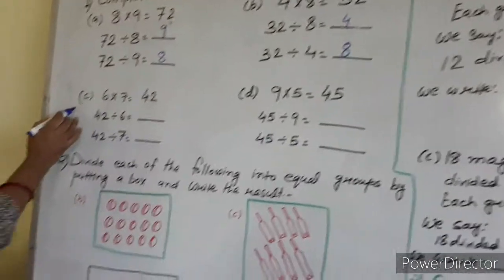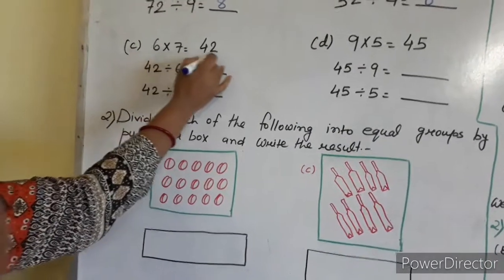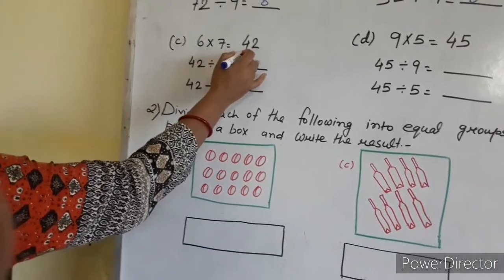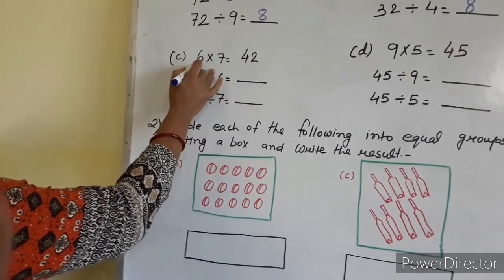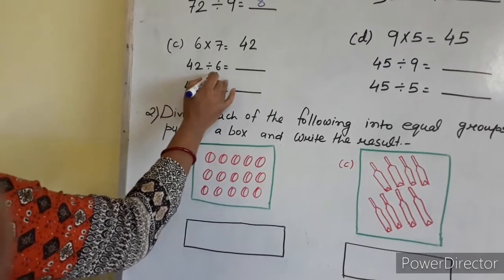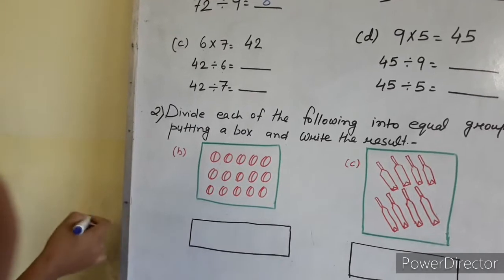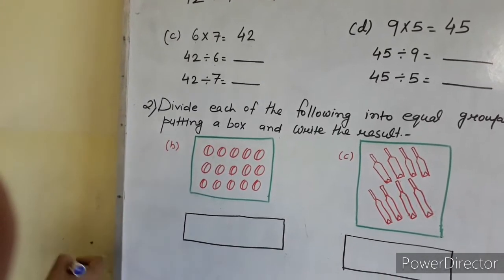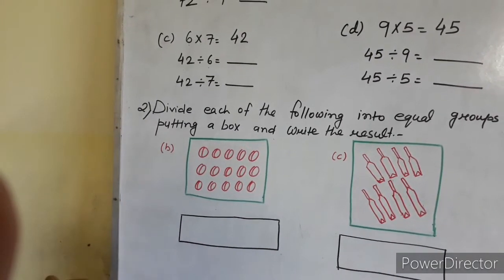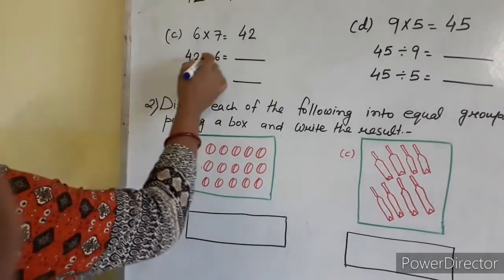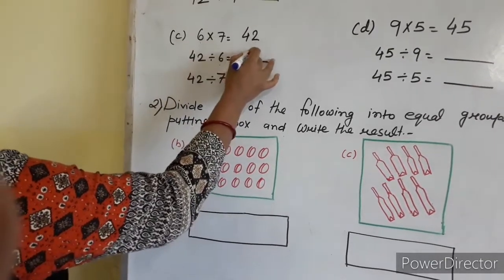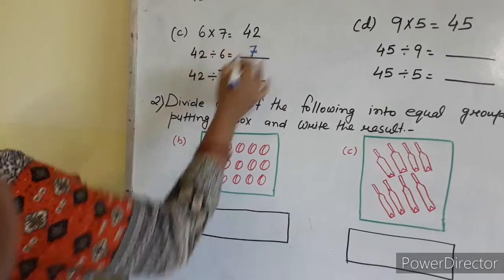Again, C: 6 into 7 is 42. Here 42 is first divided by 6. 42 divided by 6: 6 1s are 6, 6 2s are 12, 6 3s are 18, 6 4s are 24, 6 5s are 30, 6 6s are 36, 6 7s are 42. So 6 7s are 42.